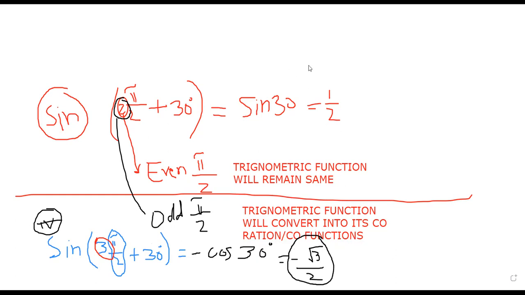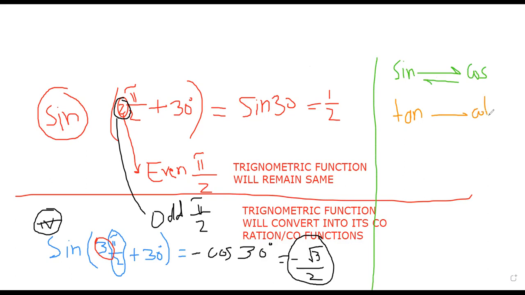One thing we will discuss is co-ratios. Sine has co-ratio cos, and the co-ratio of cos is sine. Similarly, the co-ratio of tan is cot, and the co-ratio of cot is tan.